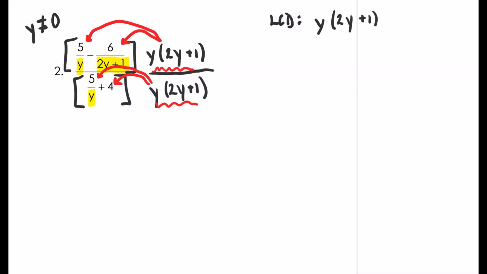Well, my numerator, so I'm going to work this first term here. So 5 over y times y, 2y plus 1, is going to be 5 times 2y plus 1, because the y's are going to cancel out. On my second term of the numerator, so that's this term right here, the 2y plus 1s are going to divide out. So then I'm going to be left with minus 6y.